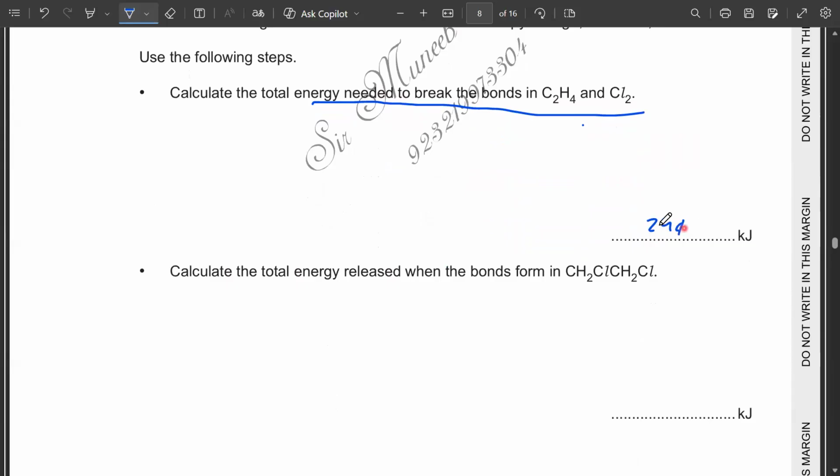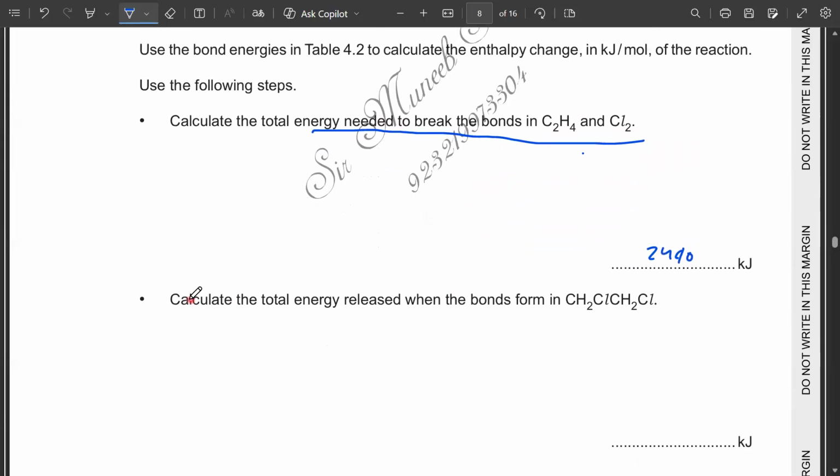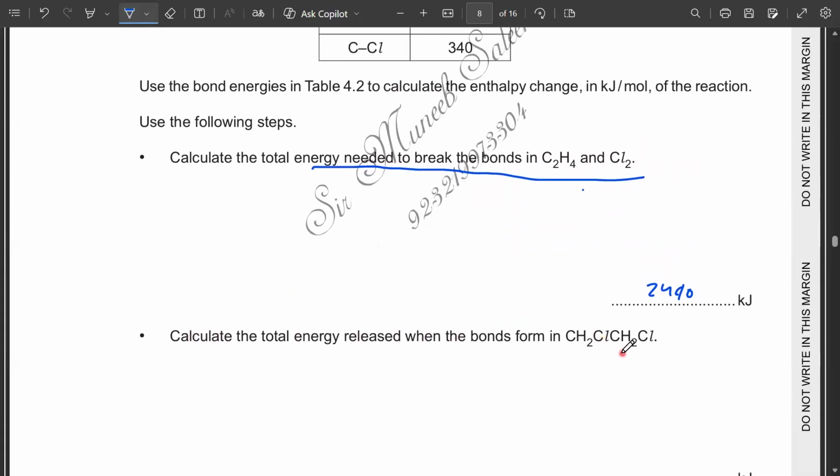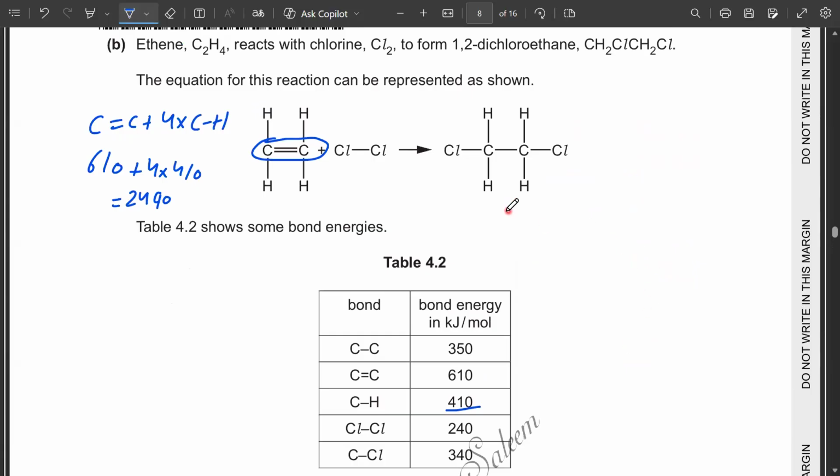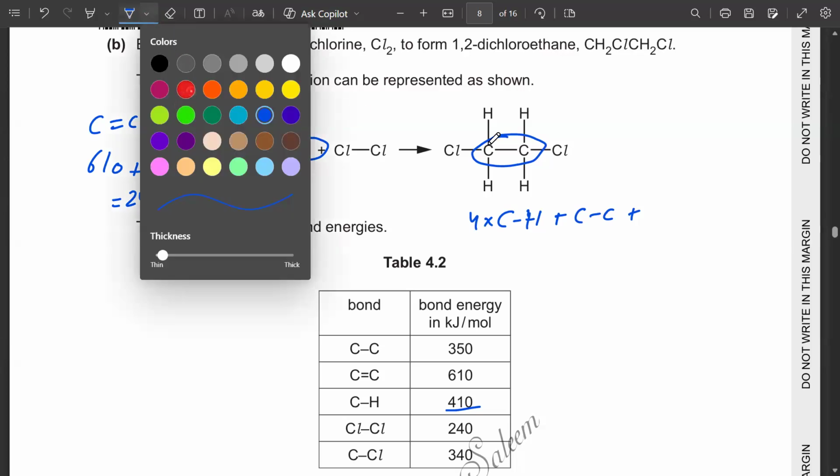Now the value for the product side. Calculate the total energy released when the bonds form in CH2Cl-CH2Cl. Now use the values from here. We have C-H bond, 4 times the C-H, just like the previous case. Plus we have the C-C bond. Plus we have 2 bonds of the C with Cl.